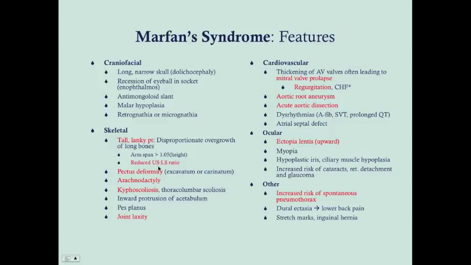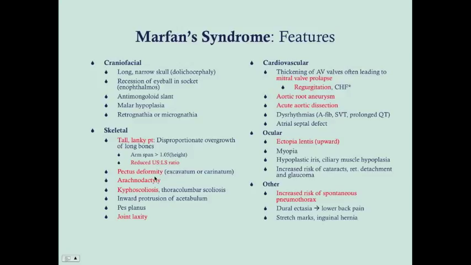The lower segment is typically much bigger than the upper segment, so it's a reduced upper segment to lower segment ratio, and I don't really remember what the exact ratio is. I think it's like 0.85 or 0.86 or something like that. But there is a reduced upper to lower segment ratio.